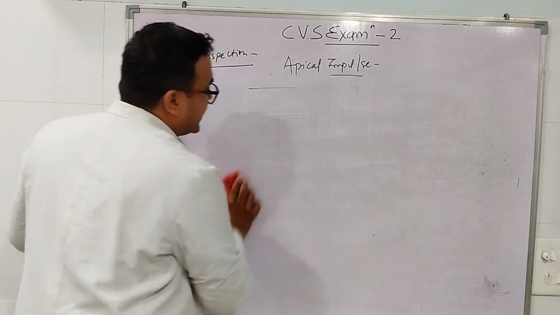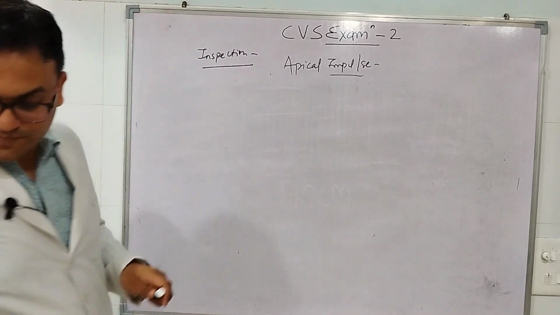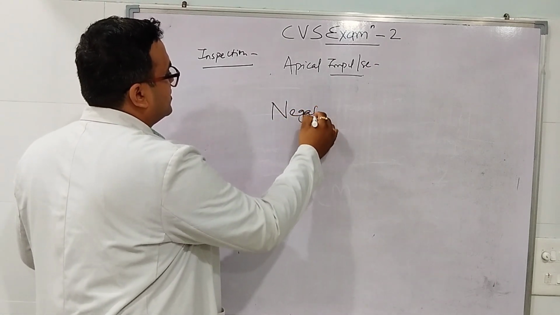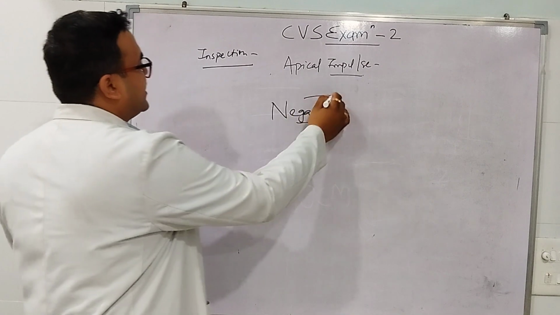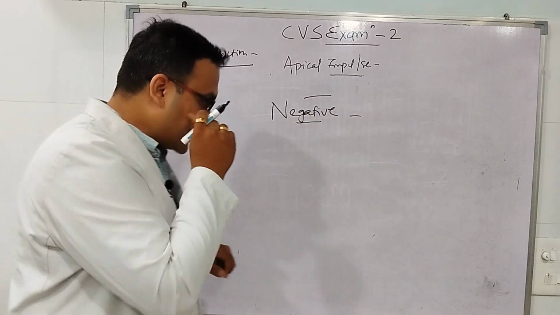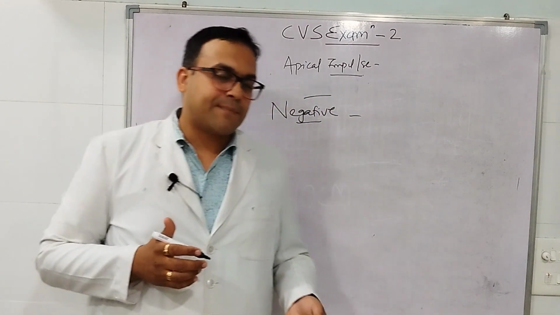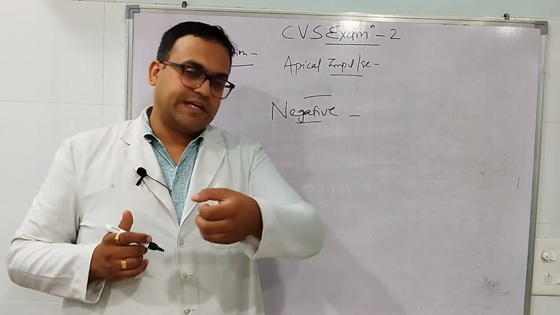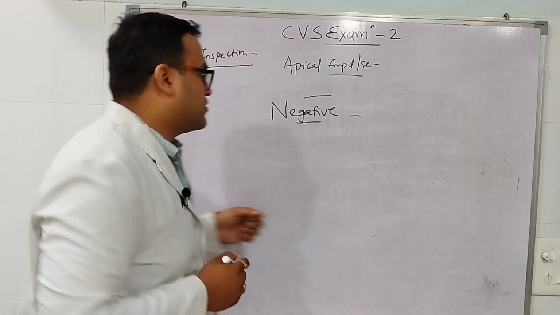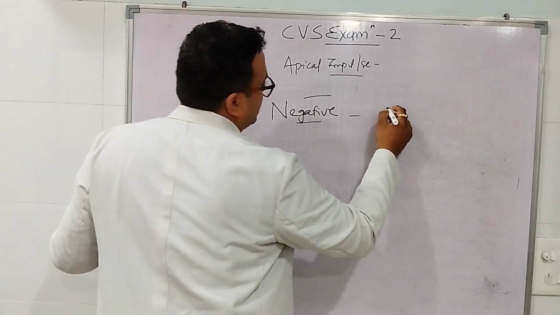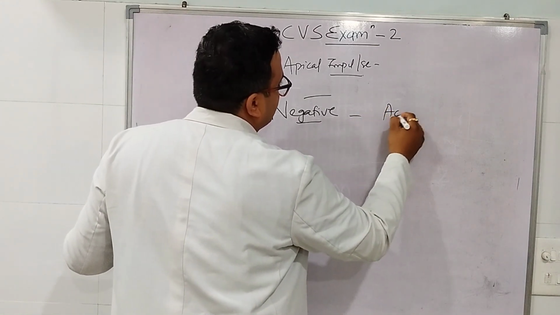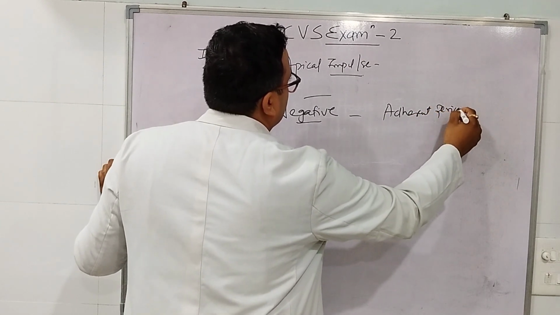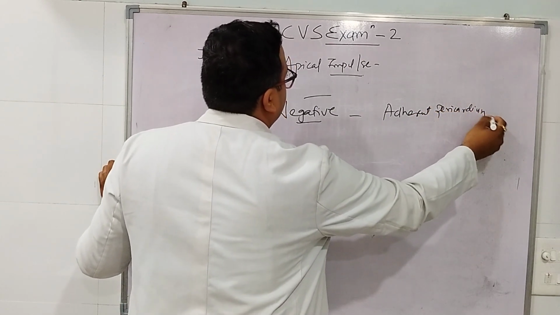Next is negative apical impulse. As I had already told you, negative apical impulse means that during systole, instead of going outwards, the apical impulse goes inwards. That is seen in adherent pericardium, that is fibrotic pericardium.